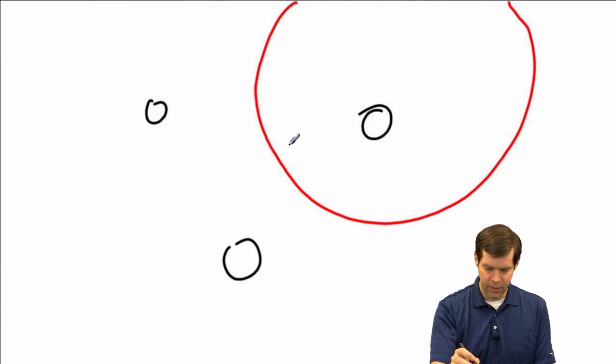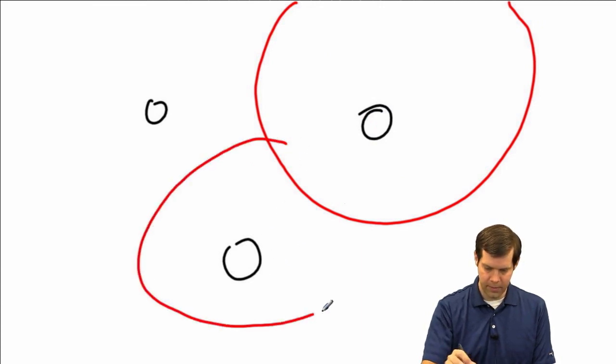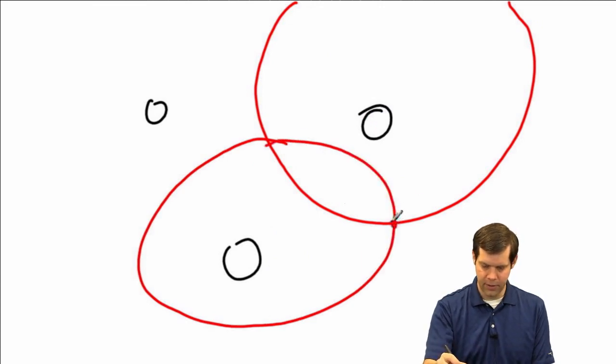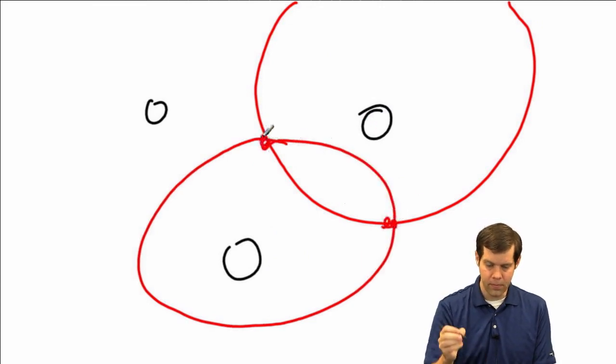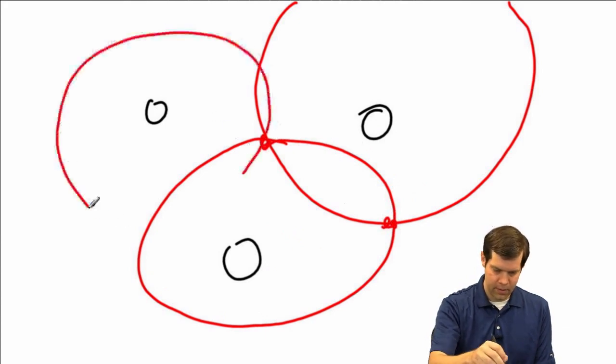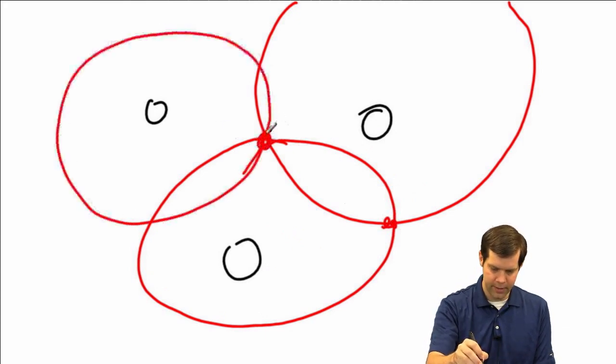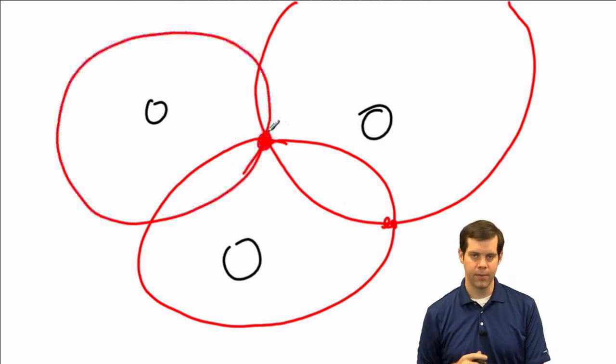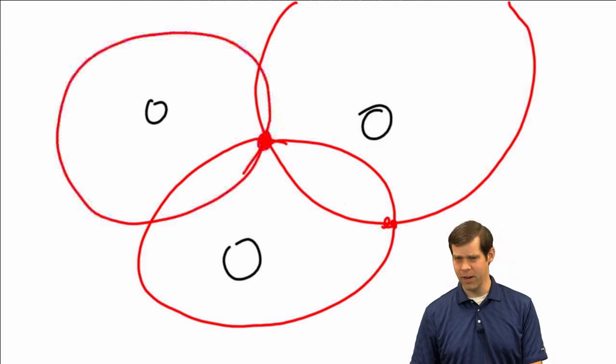If we do this with a couple APs, we get it down to kind of 2 intersection points here. And then we get that third AP in the mix. Ideally, they all kind of intersect at a single focal point. That's where it assumes the client is. So that would be triangulation. Some people call it trilateration.